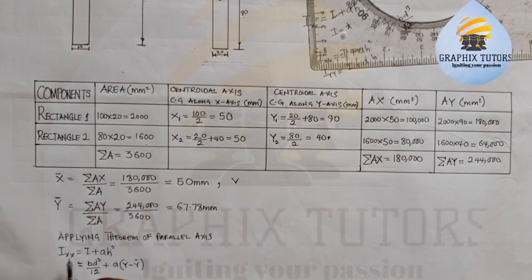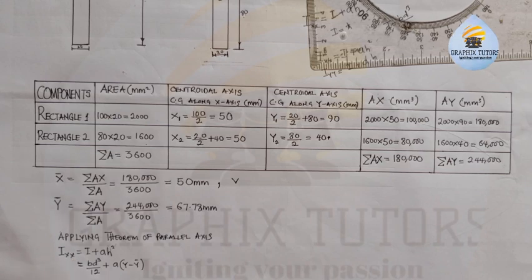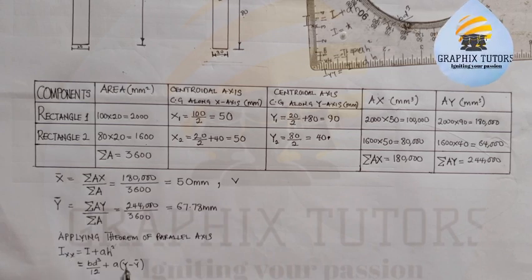If it's for IXX, so if I'm talking about IXX1, that is the moment of inertia about XX of section 1, it will be y1, A1, right?